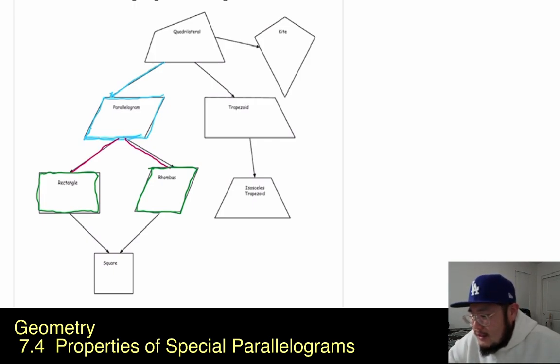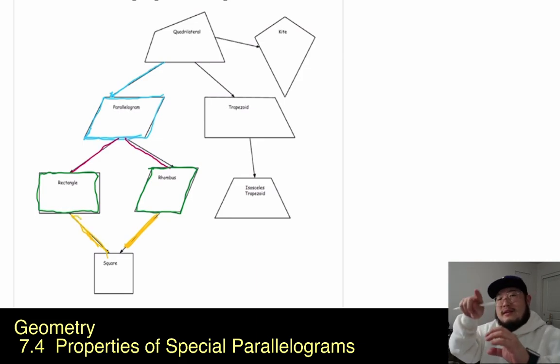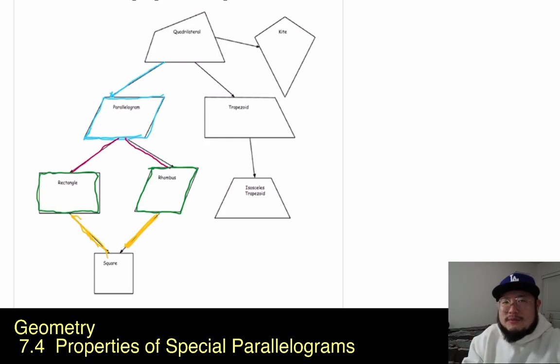If we take a look at your flow chart, they both connect to the square. So the square has the characteristics of a rhombus and some characteristics of a rectangle. It's definitely a parallelogram, and it's definitely at the top a quadrilateral.